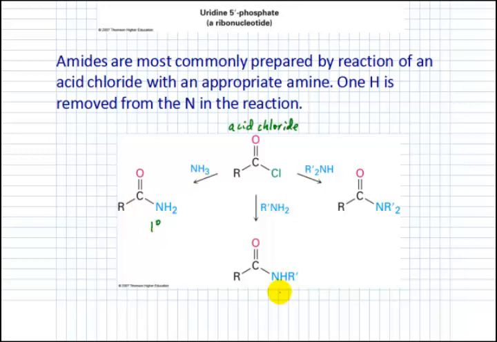A secondary amide comes from a primary amine. A tertiary amide comes from a secondary amine, because we're essentially adding a carbon bond to nitrogen. Tertiary amines cannot react to make amides. We have to lose one of the H's.